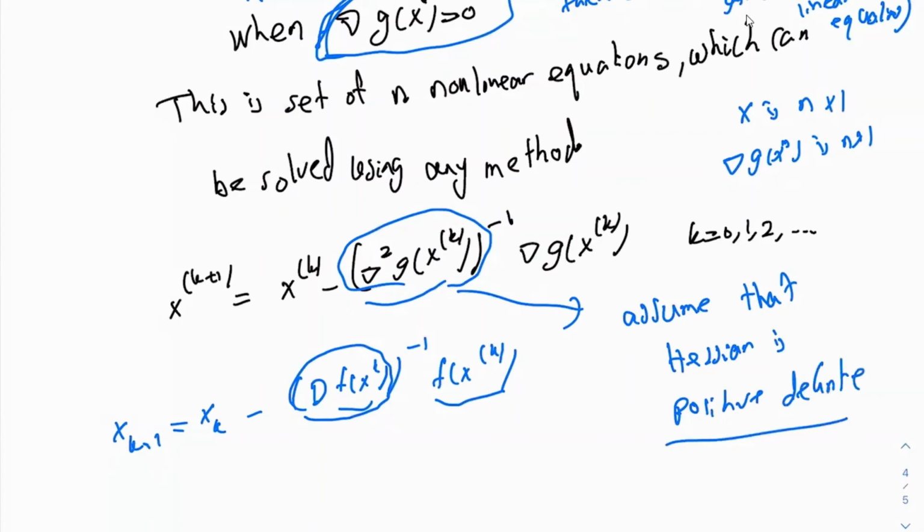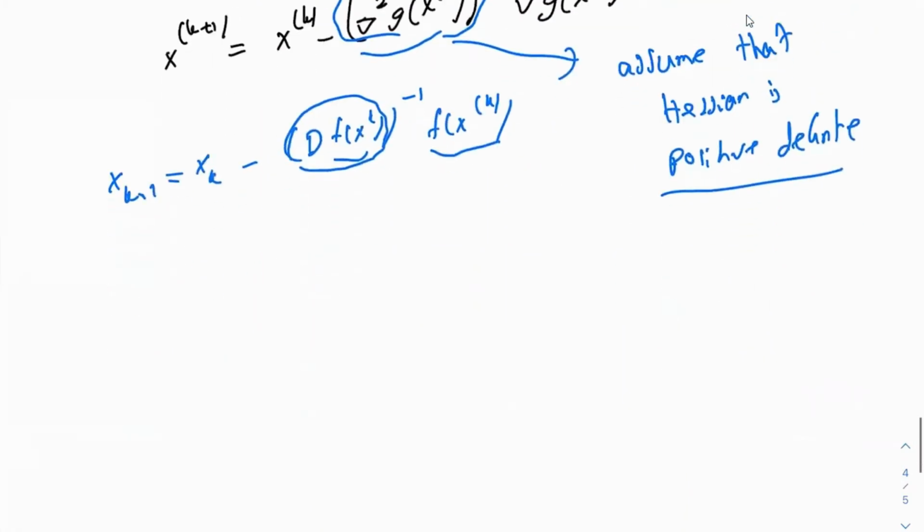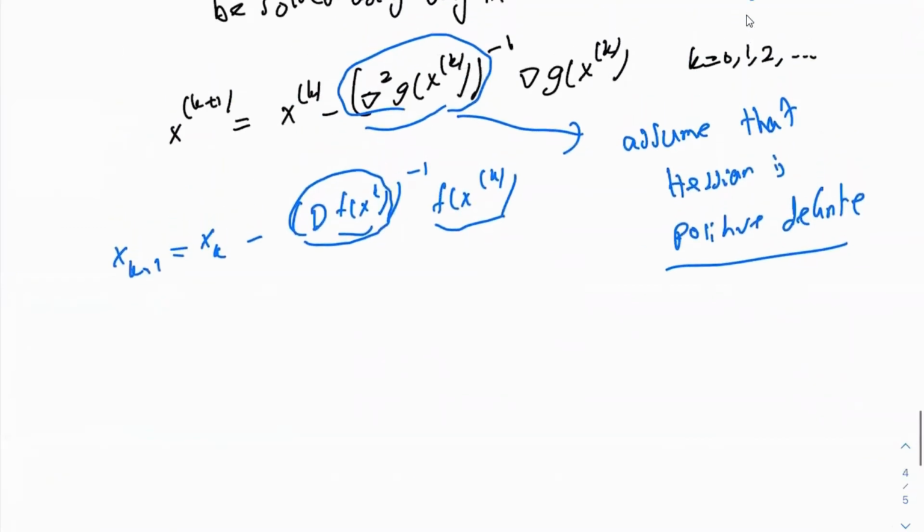Okay, very good. So when you see this update equation, this is the assumption. Otherwise, the Hessian would not be invertible because there can be a zero eigenvalue, right? So we assume that it's strictly convex, and the Hessian is always positive definite. Okay, good. So that's going to be the update equation for that.